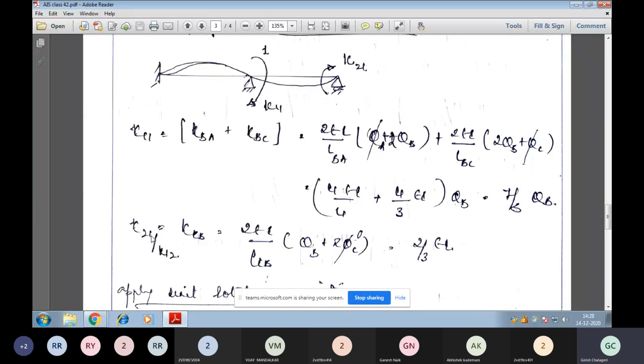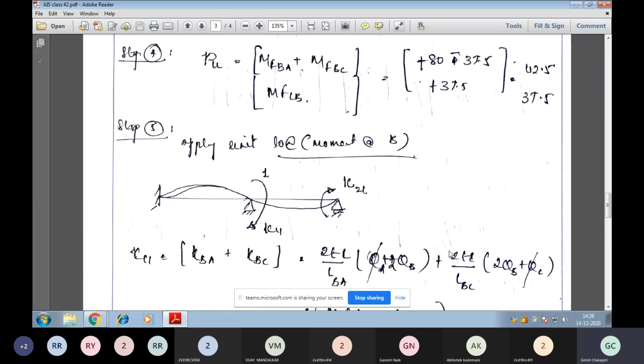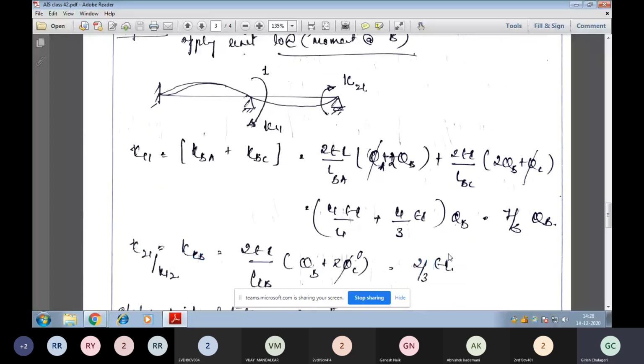That indicates you are applying the unit load at the first joint, so only theta B will be there, and other than theta B everything will be 0. So theta C will become 0 here. The formula left is 2 by 4 EI theta B, 2 by 3 EI theta B. So this is the stiffness we got for members BA and BC for coordinates 1 and 2 when the unit load is applied at joint B.